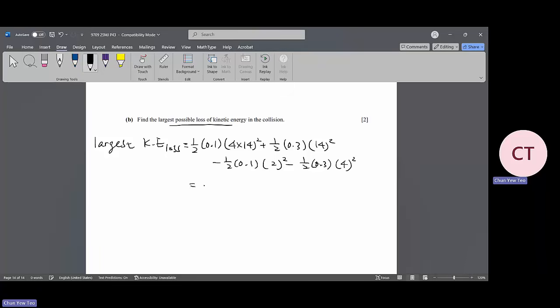Then you just need to press the calculator. One by one, 156.8 plus 29.4 minus 0.2 minus 2.4. If you press the calculator, you will get 183.6 joules. This is the largest KE loss for question number 1b.